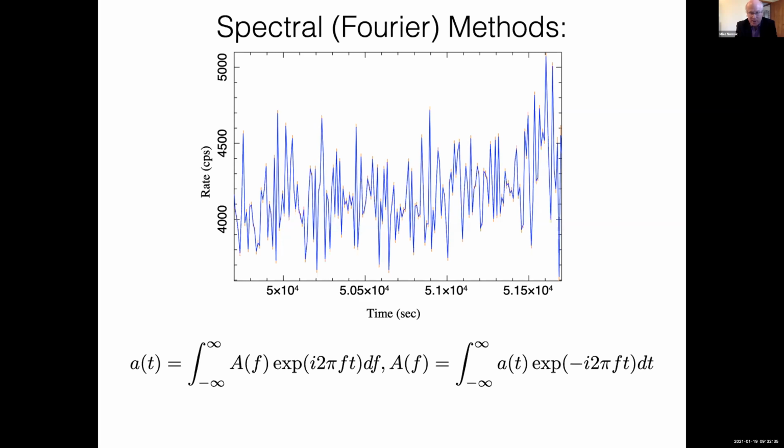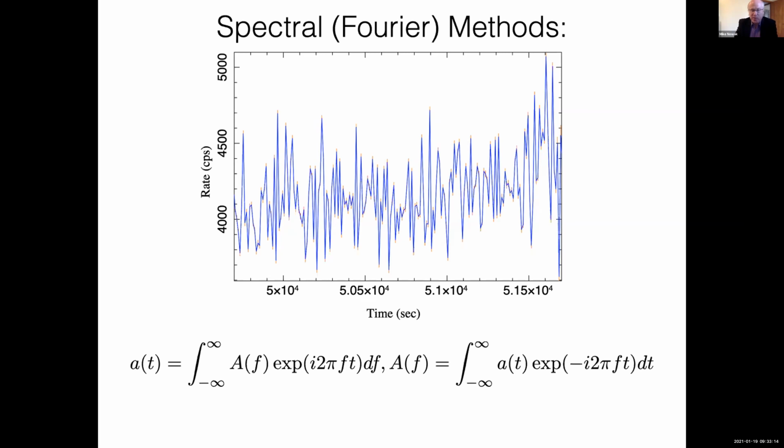We could write any time series as an integral of a function, the Fourier transform, that's a function of frequency multiplied by an exponential at a given frequency, integrated over all frequencies. And we can invert that function by doing the opposite integral over a function of time. This is called the Fourier transform pair. So we can write any light curve in terms of its constituent time components or constituent frequency components.